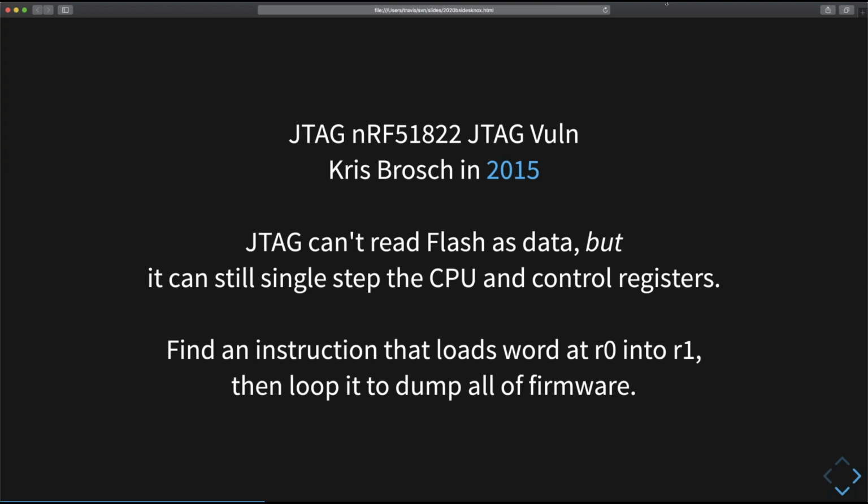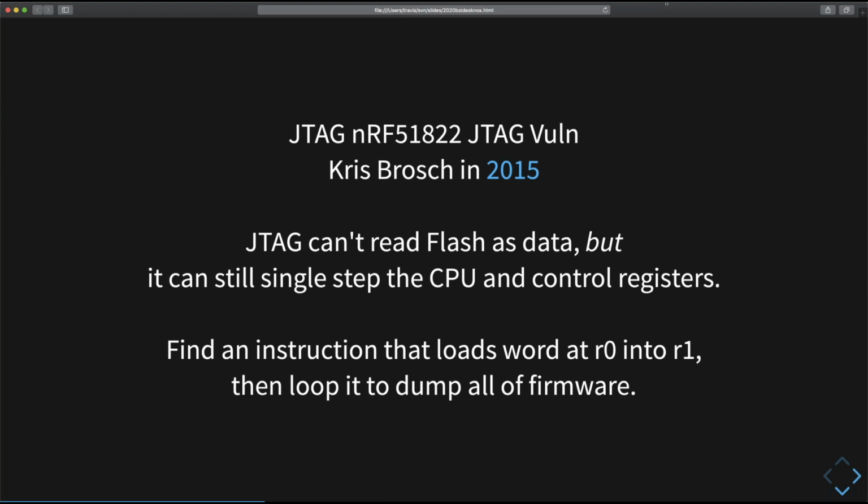The vulnerability here is that you're still allowed to single step the CPU, and you're still allowed to view its registers. You can read them and you can write them. You're just not allowed to do the fetch from memory yourself. So what Chris Brush did in 2015 was he found an instruction that loads the word in memory at the address that's in register 0. It takes that word and it loads it into register 1.